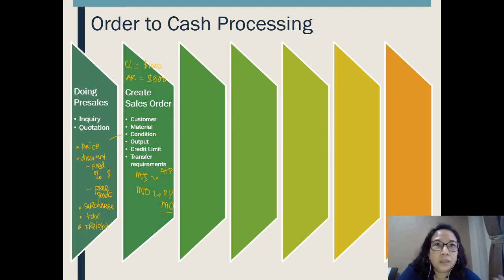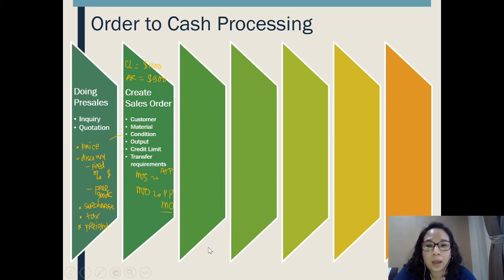If our finished goods are not available, then the manufacturing order will be created automatically, right? But in terms of MTO, the manufacturing order will only be created after the sales order is confirmed. Okay, so that's what we call the transfer requirement.